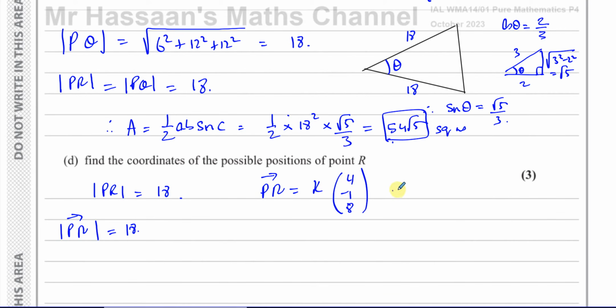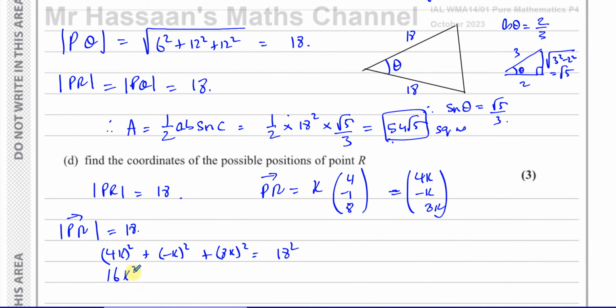So PR is like (4k, -k, 8k). The magnitude of PR is the square root of (4k) squared plus (-k) squared plus (8k) squared, and that's equal to 18.